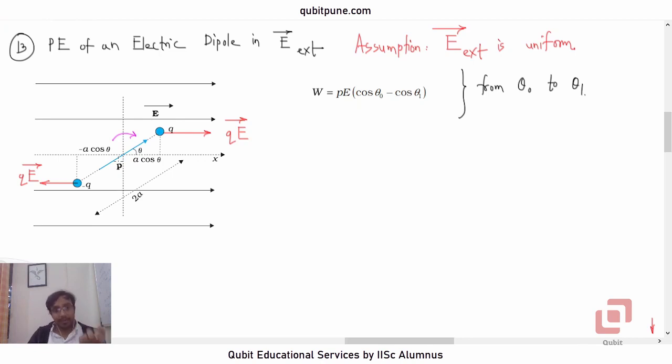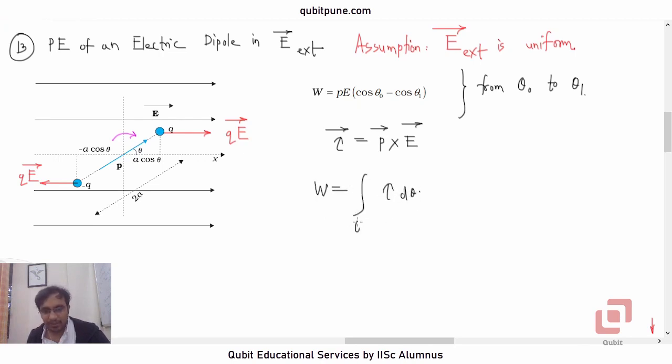Okay, so there will be a torque tau bar given by P bar cross E bar, and this torque will do some work because of the rotational displacement or angular displacement. We can calculate the work done by integrating tau.